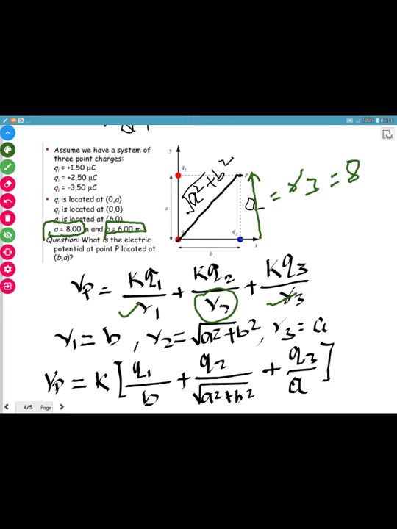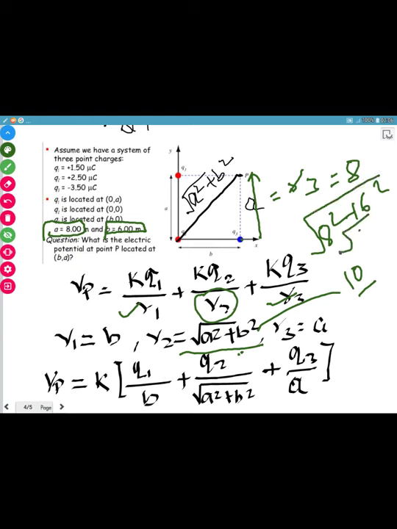R2 we have to find out: R2 is under root A square plus B square, the square of 8 plus the square of 6, which is 100, and the square root of 100 is 10. So the value of R2 is 10.